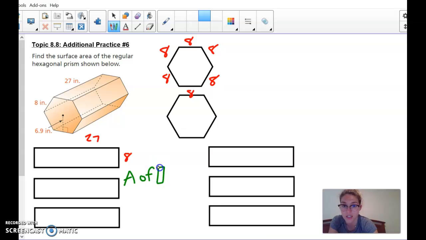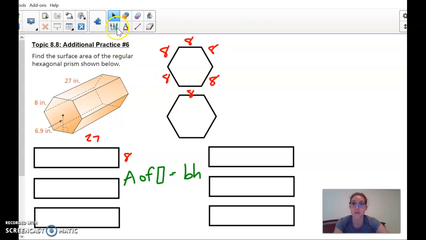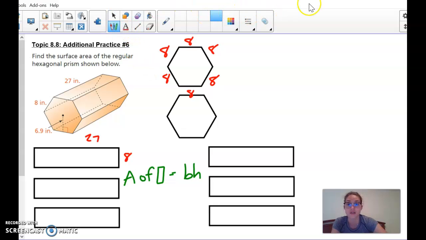So the area of one rectangle is going to be equal to the base times height, and the base of this rectangle is 27, and the height of this rectangle is 8.